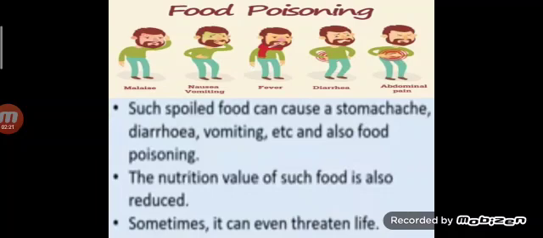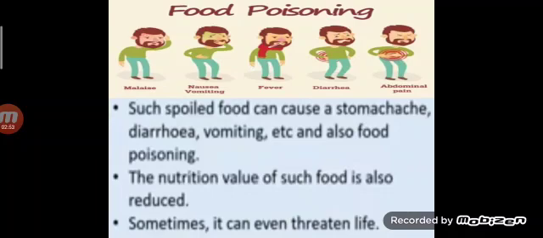Fungus even grows on curd, or any food material where moisture is maximum, if you keep it open. Always consume food only if it is in good condition. If you see a whitish or greenish layer on any foodstuff, then don't touch it and don't consume it at all.